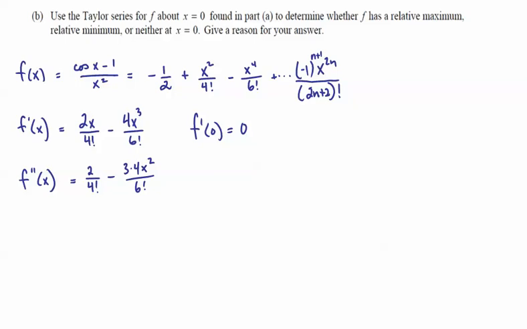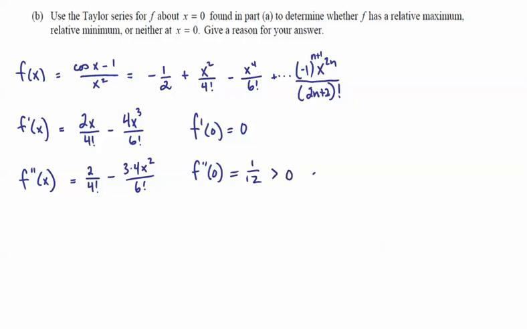And I'm not going to take the time to even multiply all that stuff out. But one thing that I do know is that when x is equal to 0, f double prime of x will be 2 over 4 factorial, which is 1/12, greater than 0.